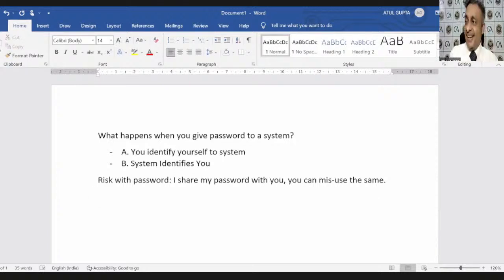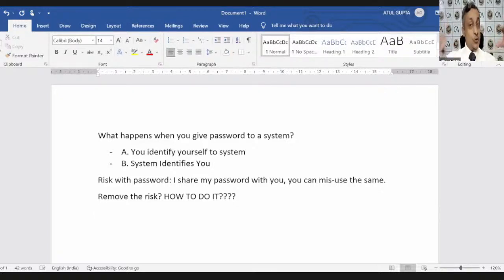Now, if I want to remove this risk, how do you remove it? I am not giving options, I am giving you time to think.